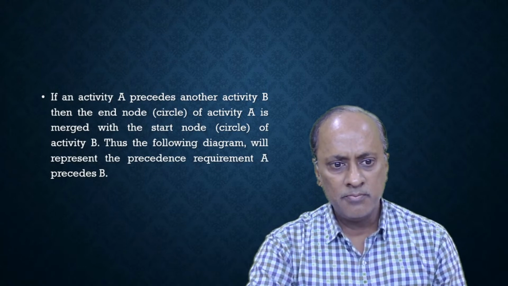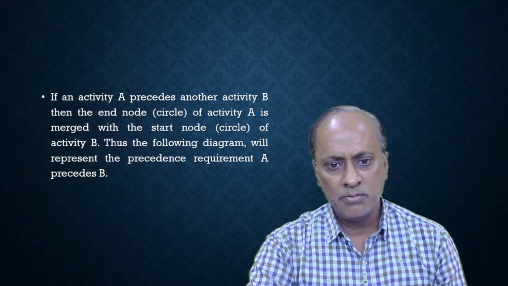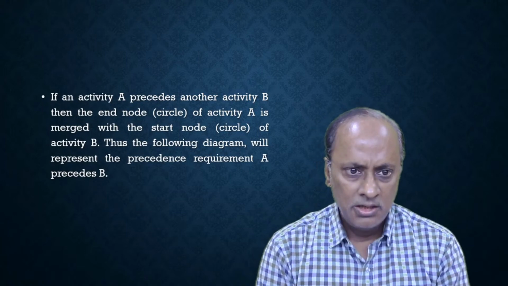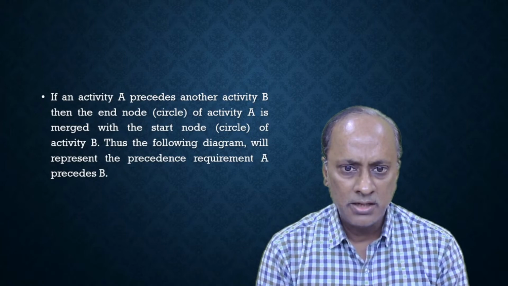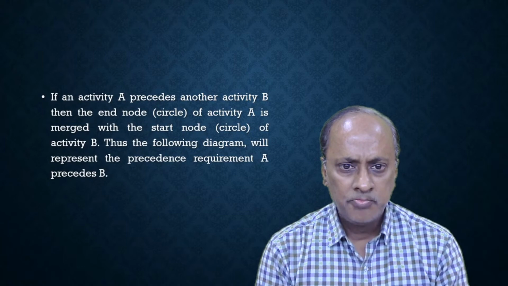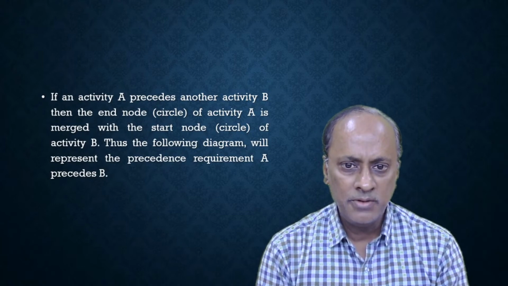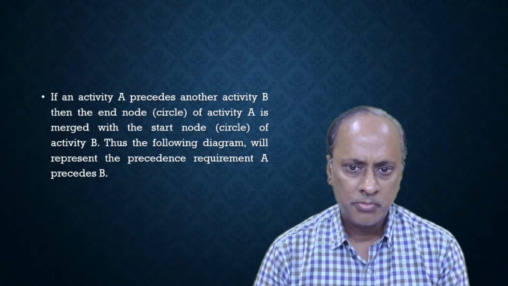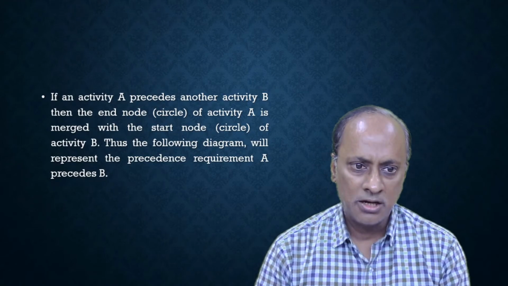The following diagram represents the precedence requirement. Now what he says here: if activity A precedes another activity B, that means A is the predecessor of activity B. That means A must be completed when B can start.